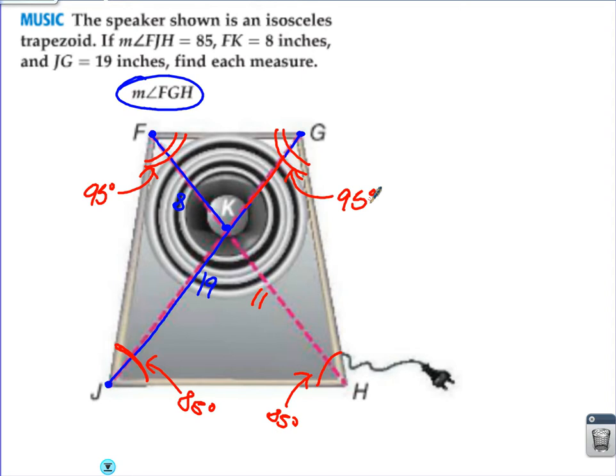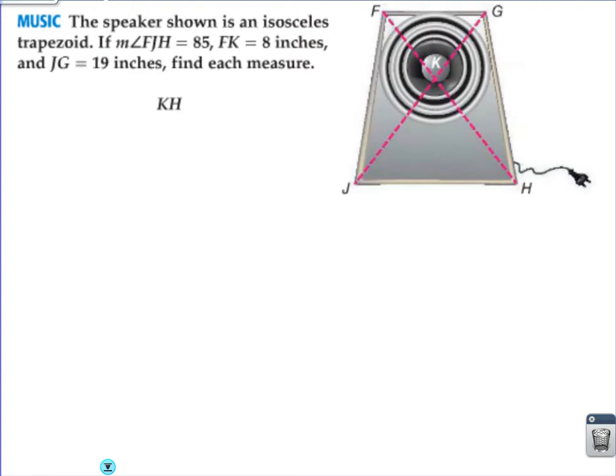I don't know that we've got theorems that state it, but there's a lot of symmetry here. If this is 11, this is going to be 11. If this is 8, this is going to be 8. Do you see that? So do you see that you've actually got some isosceles triangles? When you have these diagonals, you've got two isosceles triangles formed. So there's some more things that you can use.